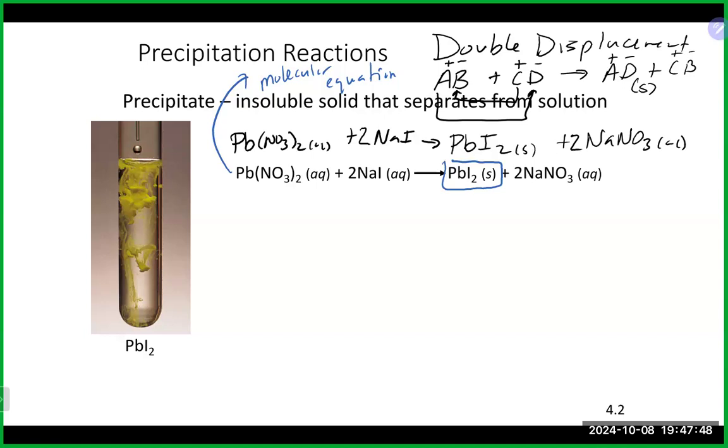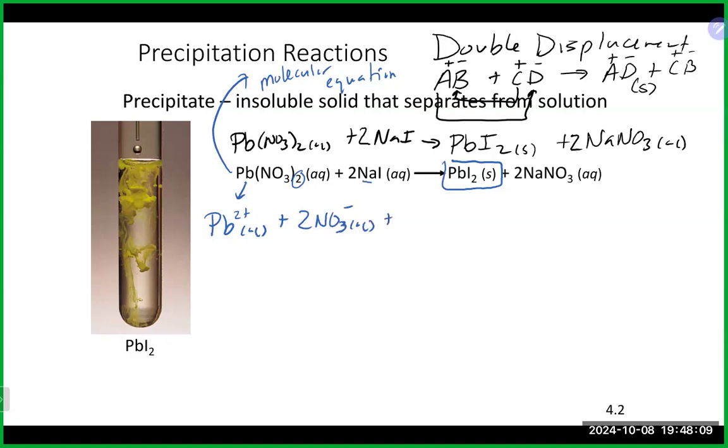It will break apart. So this guy here will break apart because it's a strong electrolyte into lead with a +2 charge. There are 2 nitrates. This 2 will come to the front and tell me that I have 2 of these nitrate ions that are floating around in the solution.